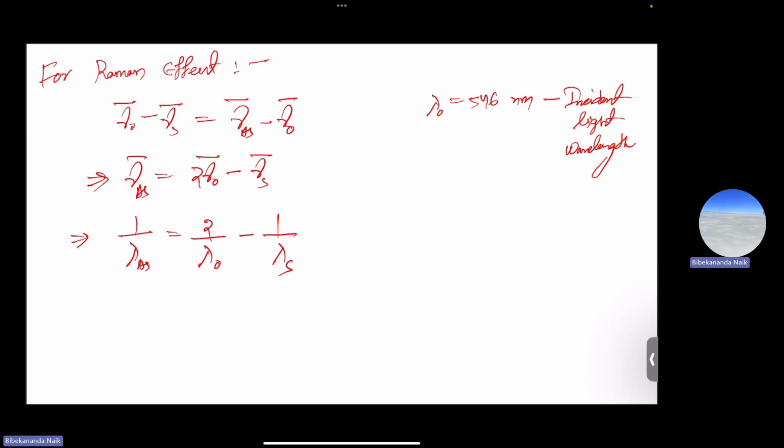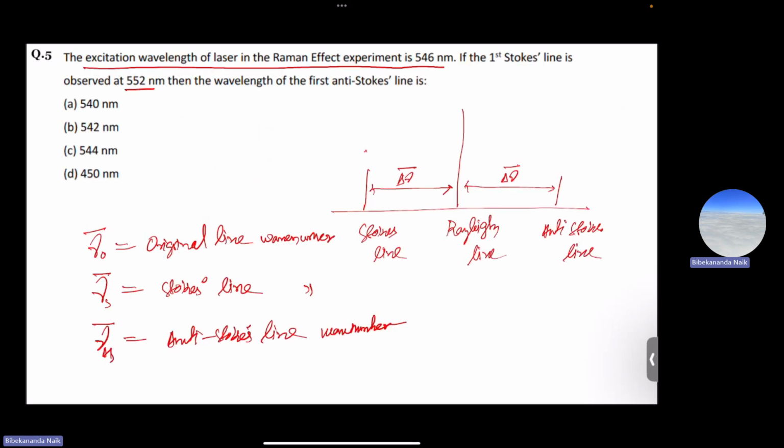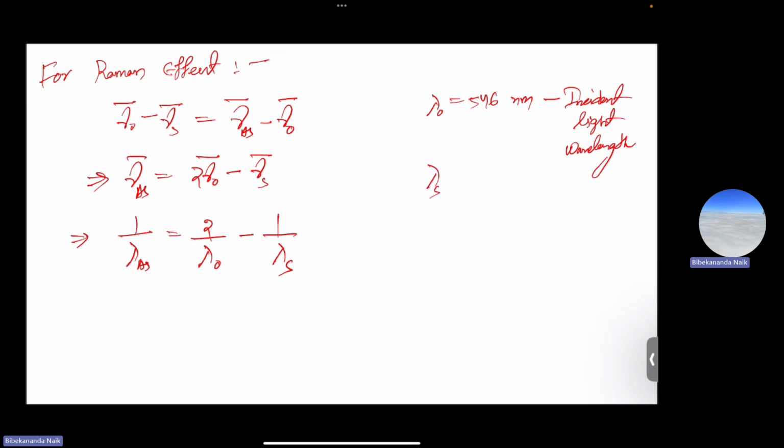And Stokes line is 552 nanometer. So lambda s is 552 nanometer. This is Stokes line wavelength.